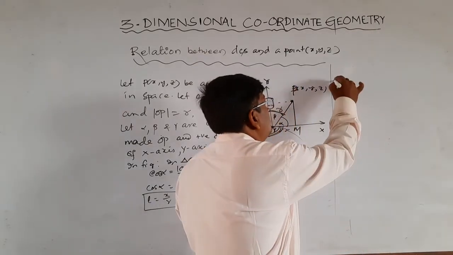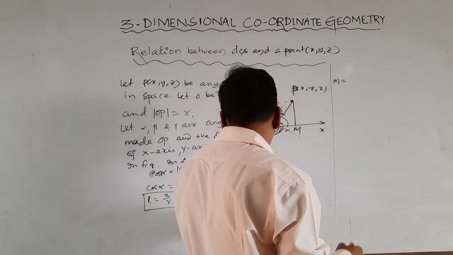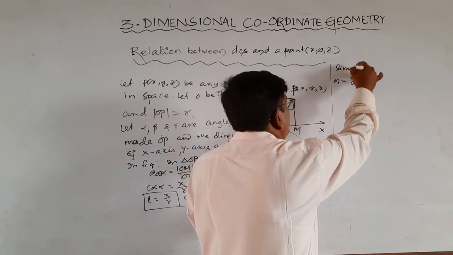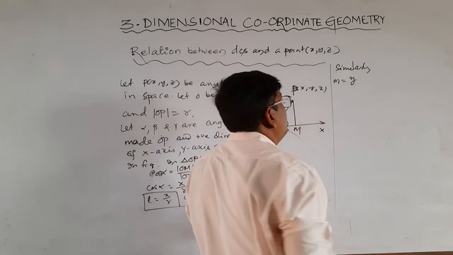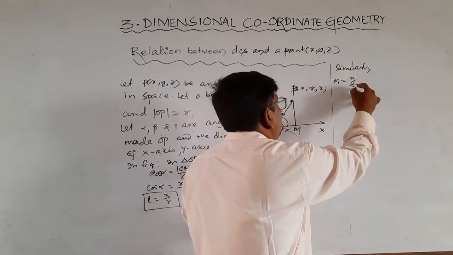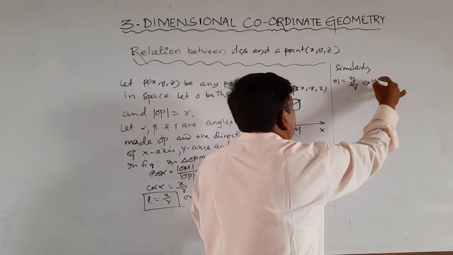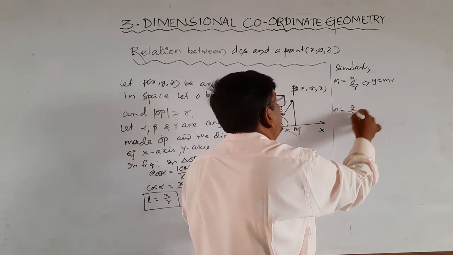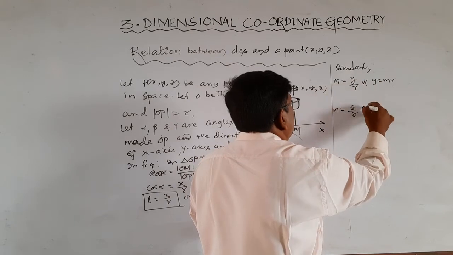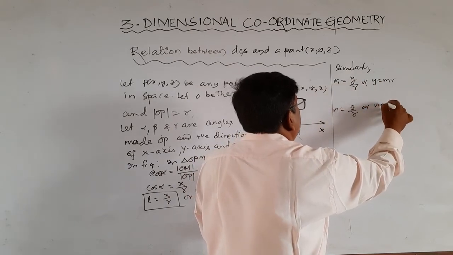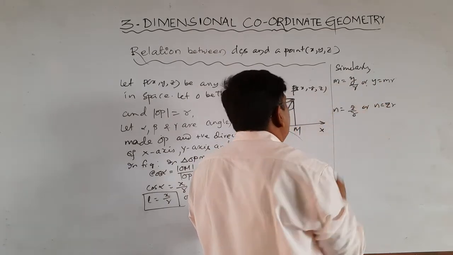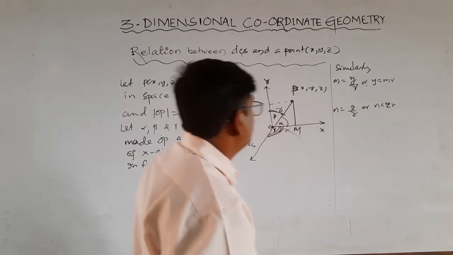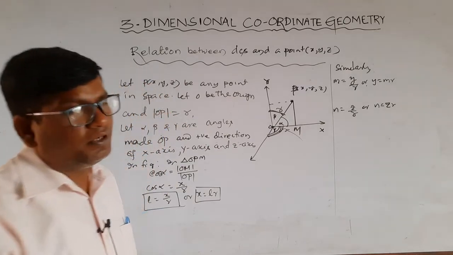So M is equal to y by r, or y is equal to MR. N is equal to z by r, or we can say z is equal to NR. These are the relations between the DCS and the coordinates of the point.